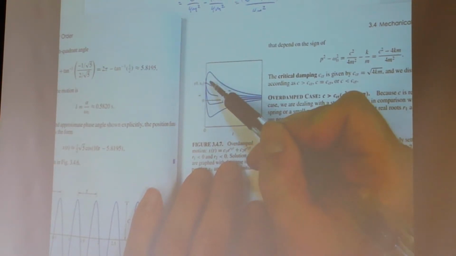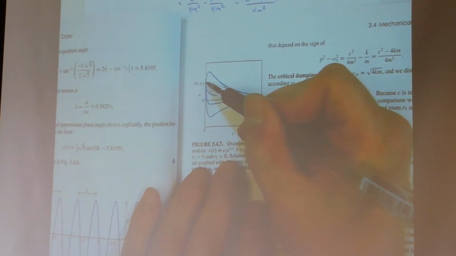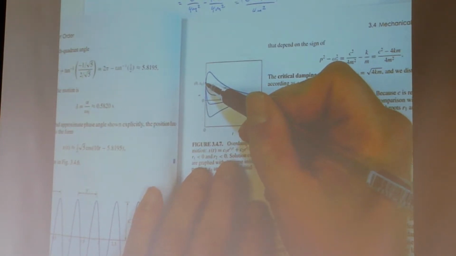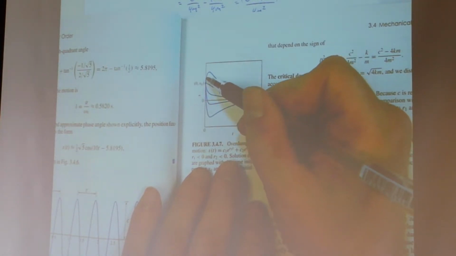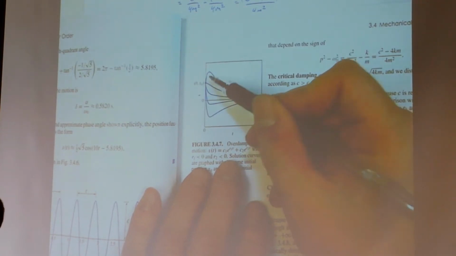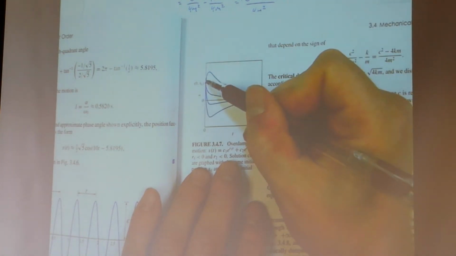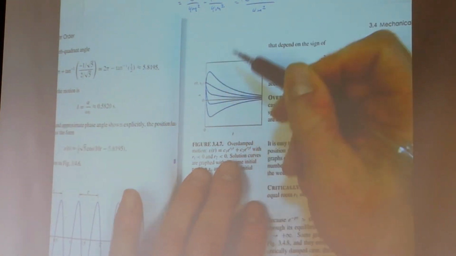They all have the initial position x naught. So they're giving you several graphs that have the same initial position at time 0 with different initial velocities. So initial velocity positive means somehow it's stretched to the right and yet moving to the right when you let it go. I don't understand that graph so much.